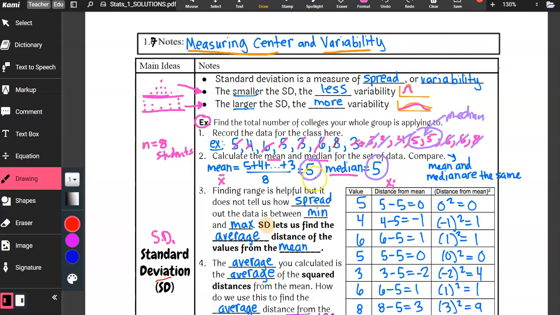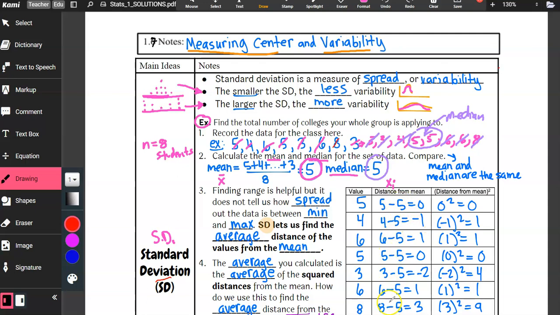So the mean that we want to use here is 5. The mean was 5. How far is 5 away from 5? 0 units away. How far is 4 away from 5? It is 1 unit away, but if you subtract it, you get -1. That just means it's still 1 unit away.